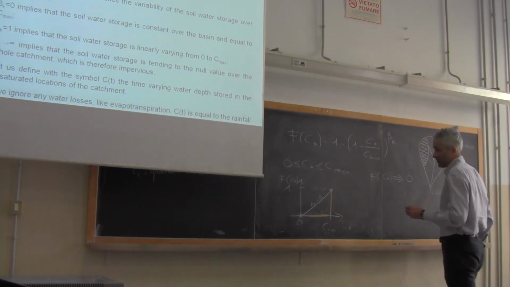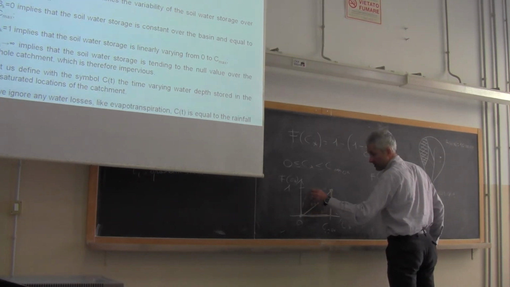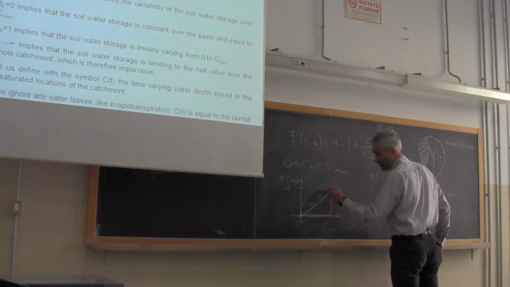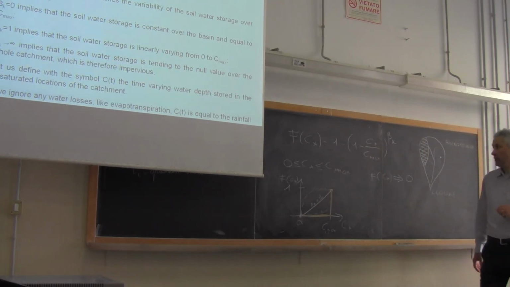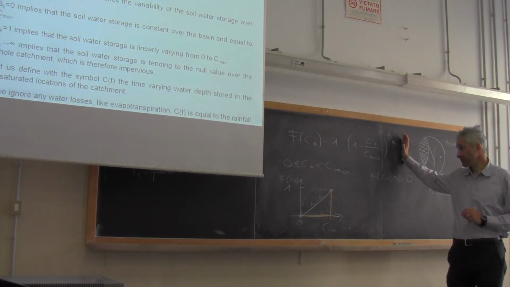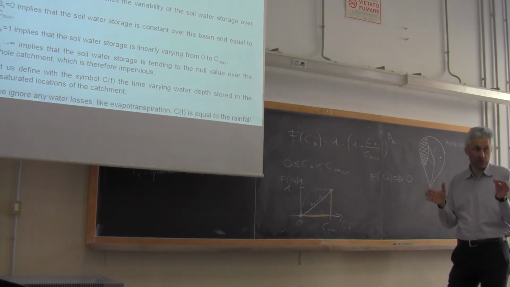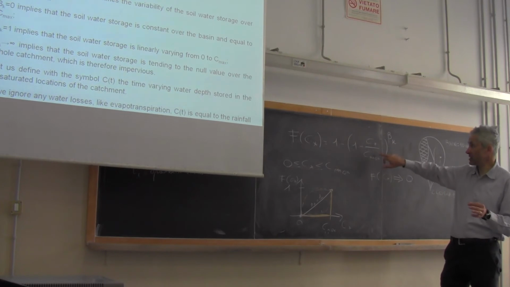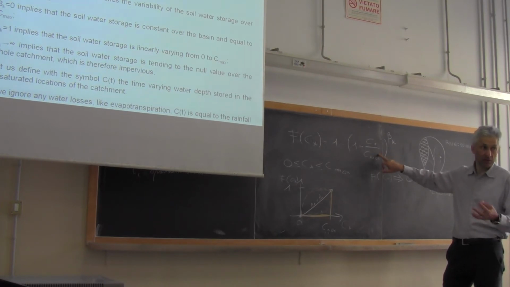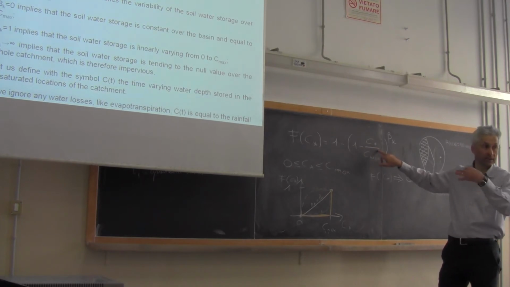And what happens if beta k tends to infinity? You have the opposite situation, something like this. In fact, what you have here in this round parenthesis is something that is lower than 1, because C star is lower than Cmax, positive, and therefore you have 1 minus something that tends to 1.